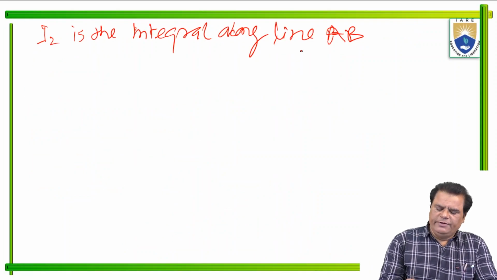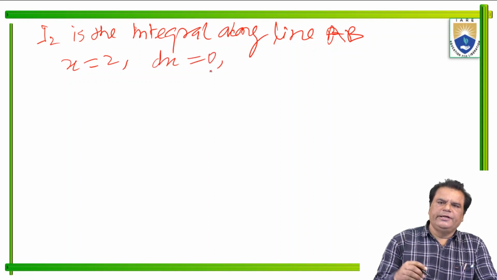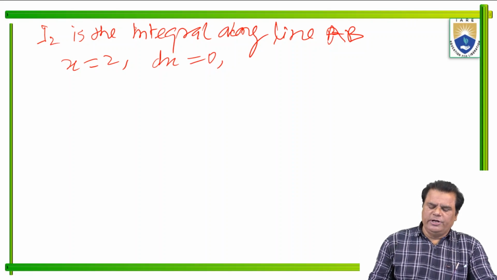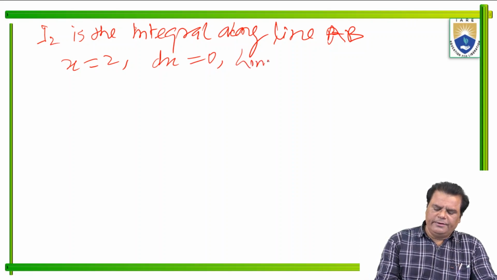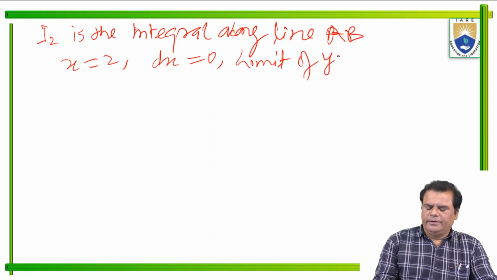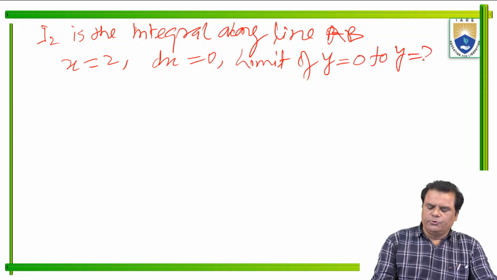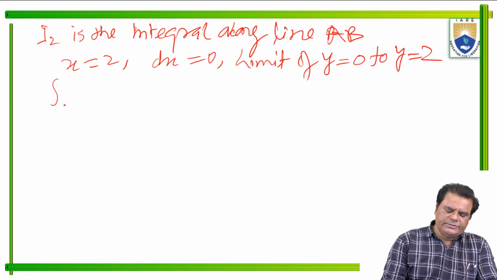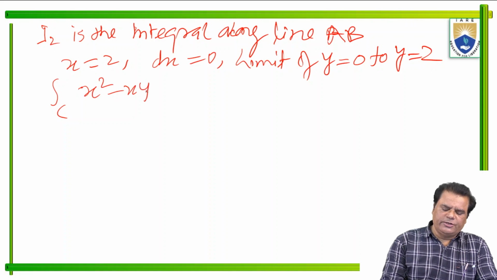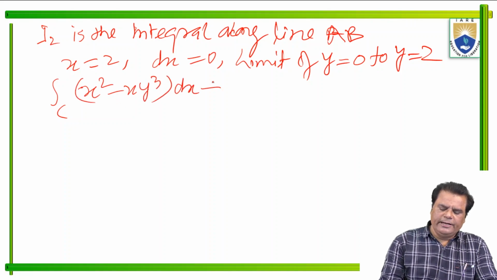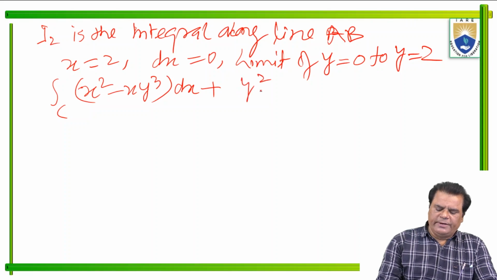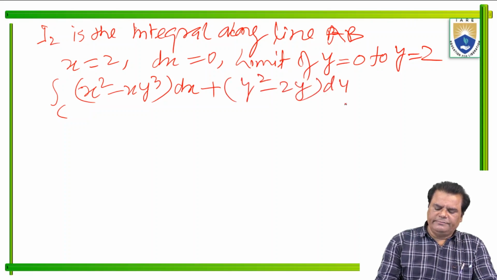Along AB, x equals 2 and dx is 0. It is an integral along the y axis, so the limit of y is 0 to 2. So we get the integral C of x square minus xy cube dx plus y square minus 2y dy.